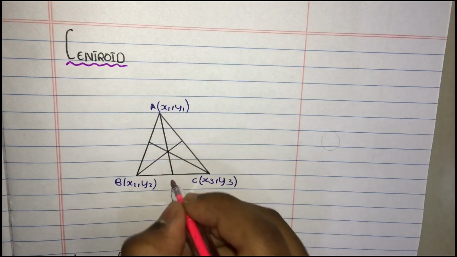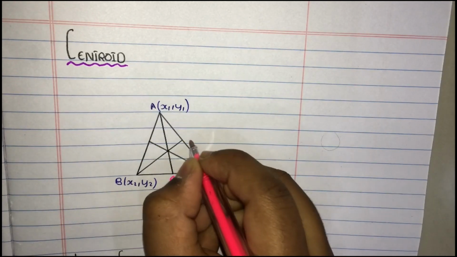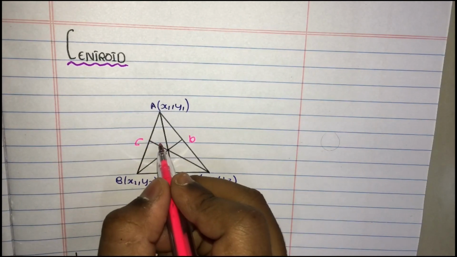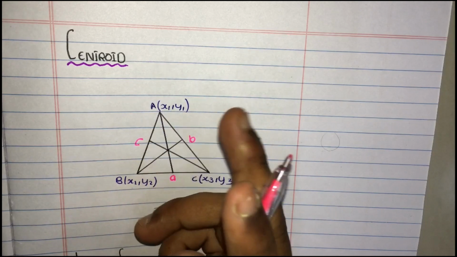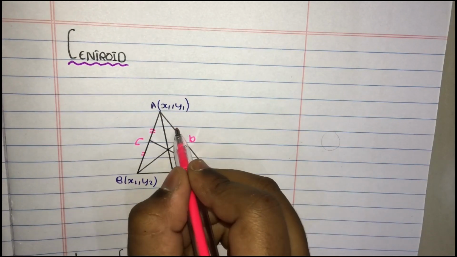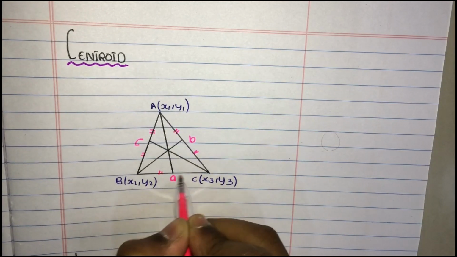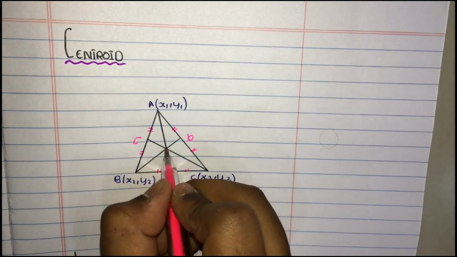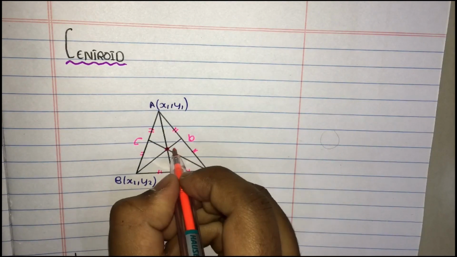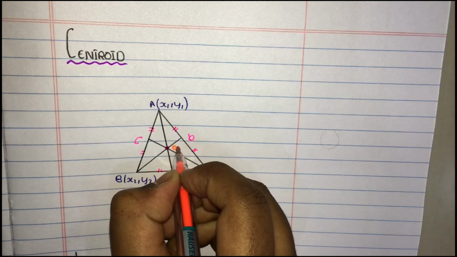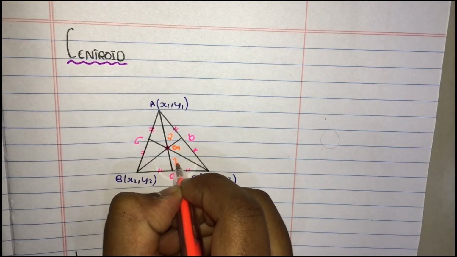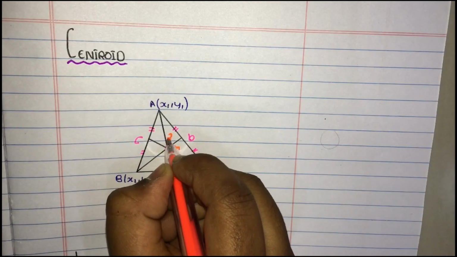And this is side A, side B and side C. Now a median of a triangle cuts the side into two equal parts. So this is equal, and these two are equal, these two are equal. And this point is represented as G. And the ratio is 2:1 for all triangles, always.